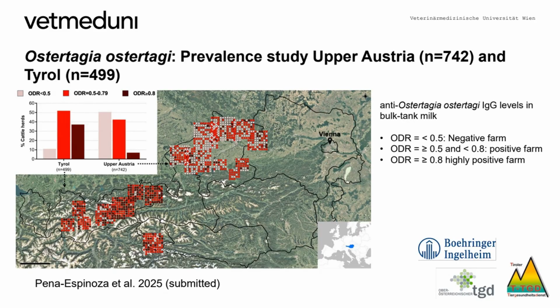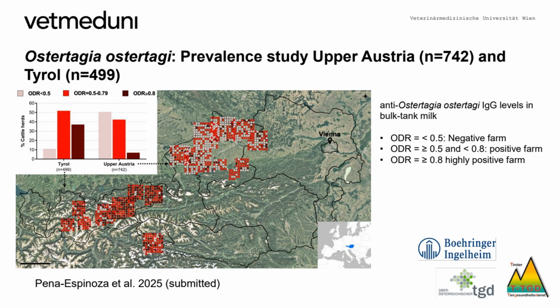I also quickly want to give an overview on Ostertagia, because with the prevalence study in cooperation with the Animal Health Services and also Boehringer Ingelheim, we saw that also in Tyrol the prevalence is very high, while it is lower in Upper Austria, probably because a lot of cattle, a lot of dairy cattle, are not on pasture.